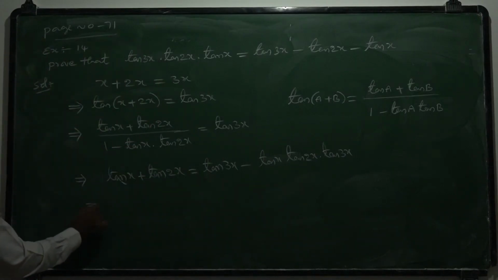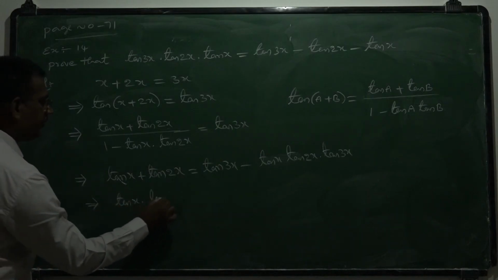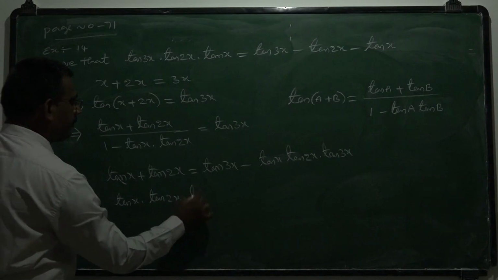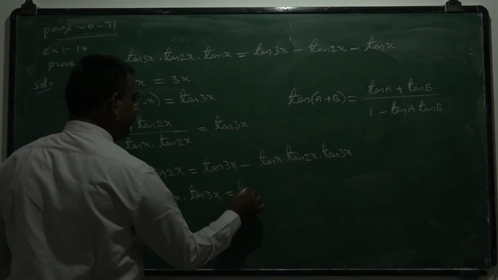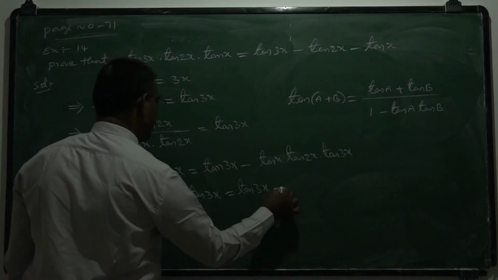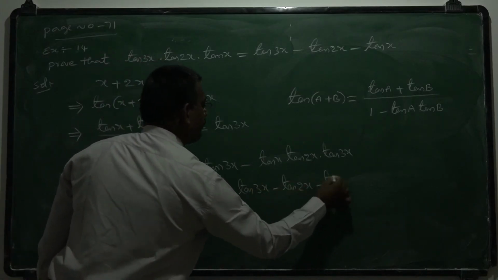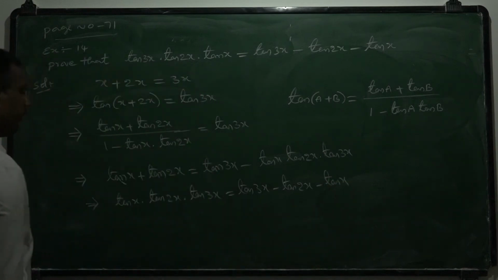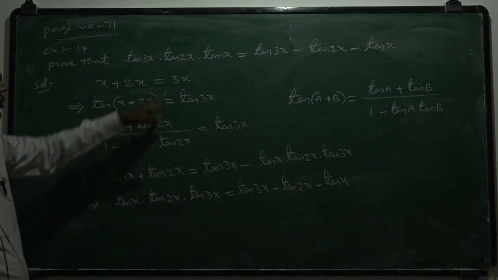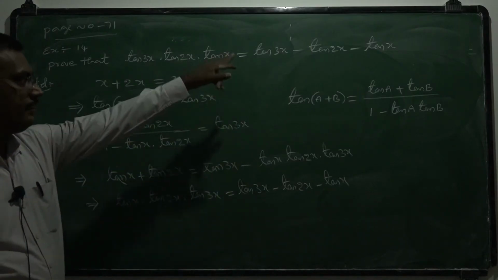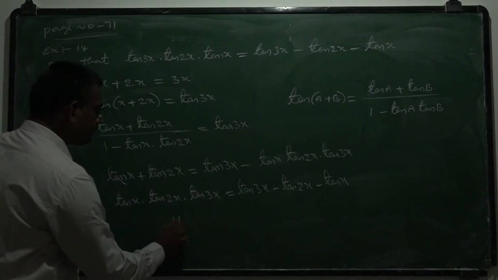That implies tan x into tan 2x into tan 3x is equal to tan 3x minus tan 2x minus tan x. Therefore tan 3x into tan 2x into tan x is equal to tan 3x minus tan 2x minus tan x, hence proved.